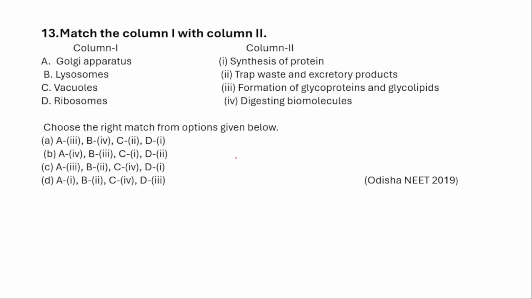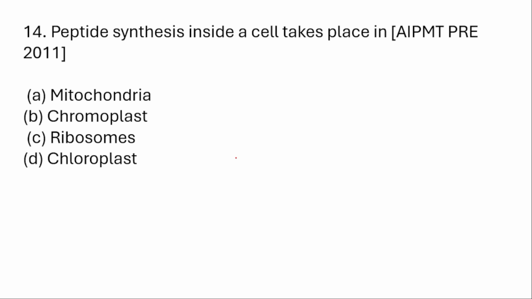Next, match column 1 with column 2. Next question. Peptide synthesis inside a cell takes place in mitochondria, chromoplast, ribosomes and chloroplast. Peptides here are nothing but the units of protein.